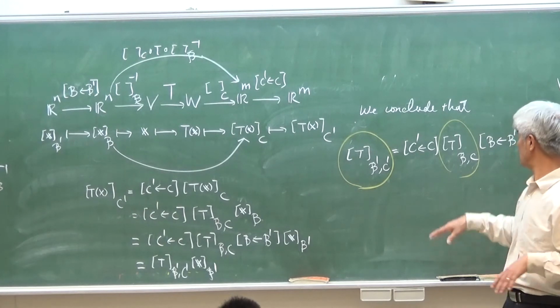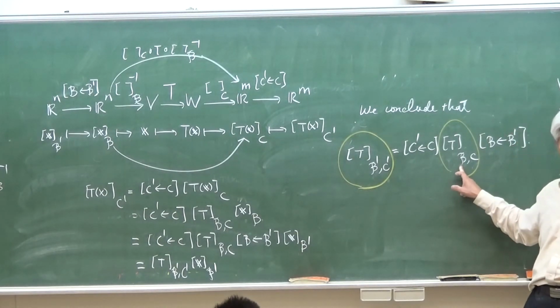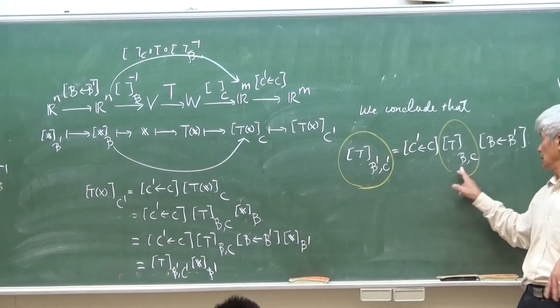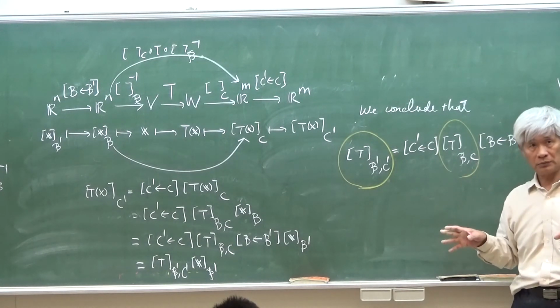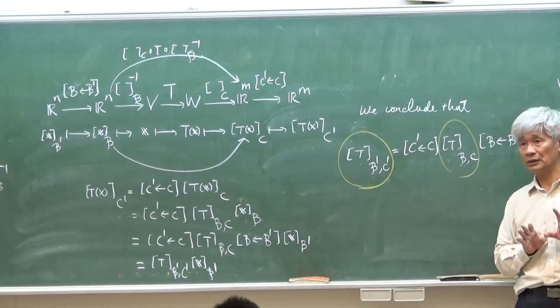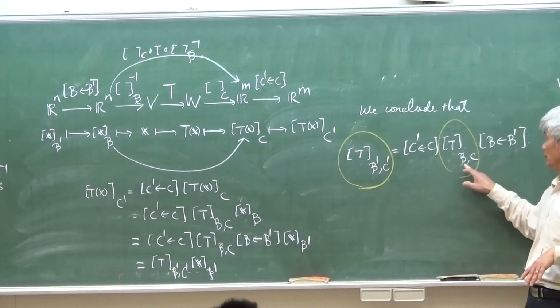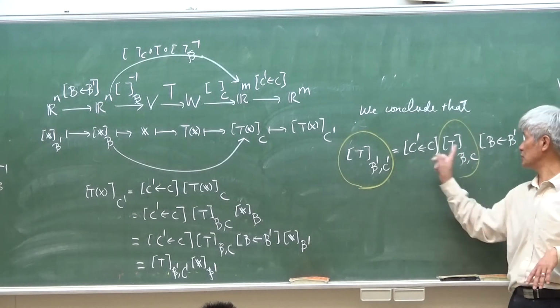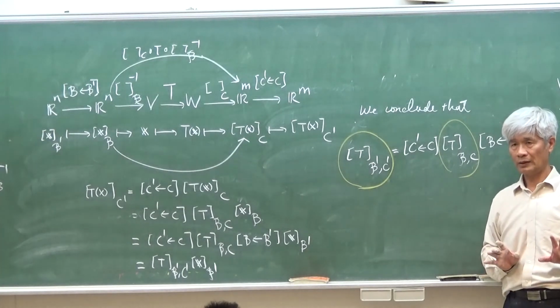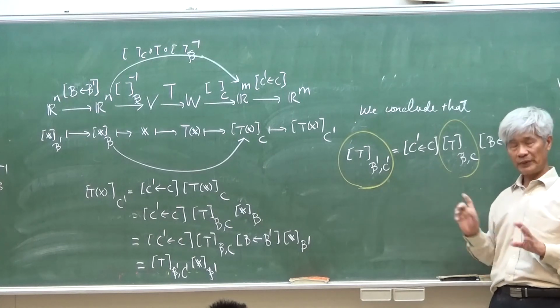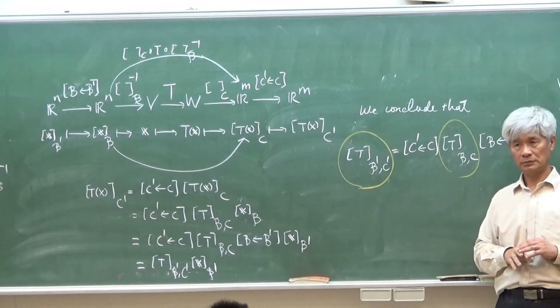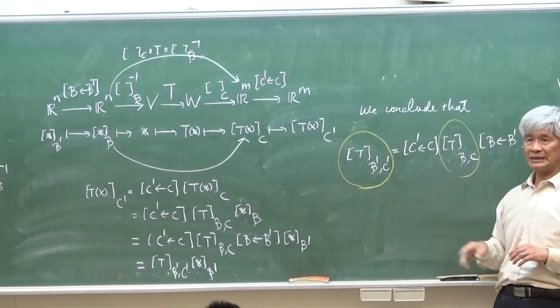It just depends on the coordinate system B you choose for V, and the coordinate system C you choose for W. This is very important. So when you change the coordinate systems, you will change the matrix representation. So my question is, how do we relate these two different matrix representations? And this is the relation we established here.